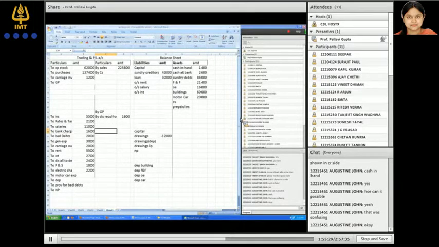Car expenses, expense. Capital account, that will come in the working note for capital. So I have exhausted the trial balance. Any doubts related to the trial balance?